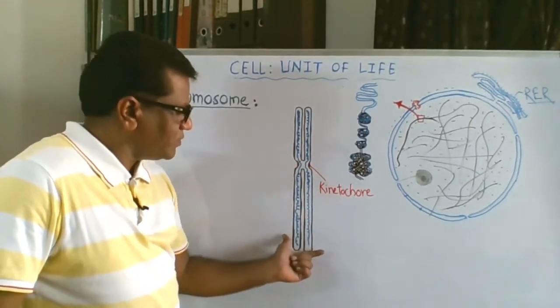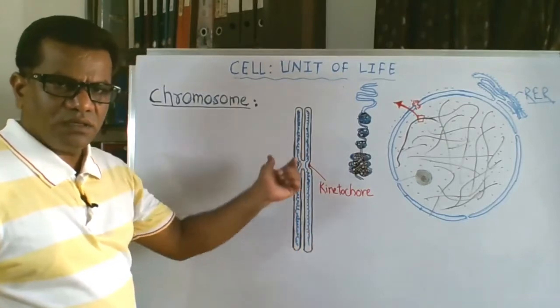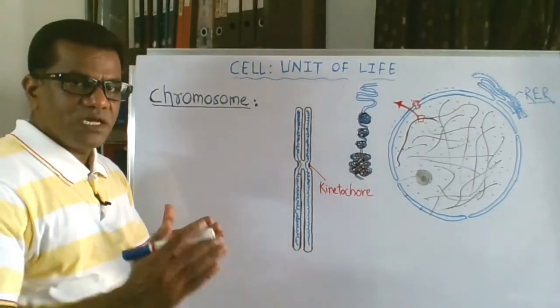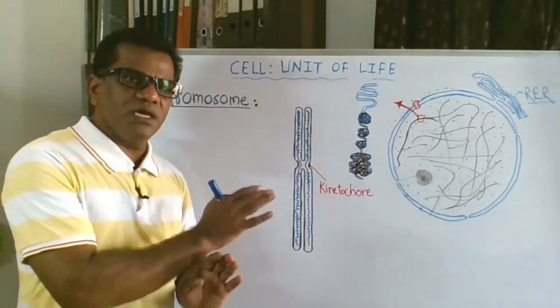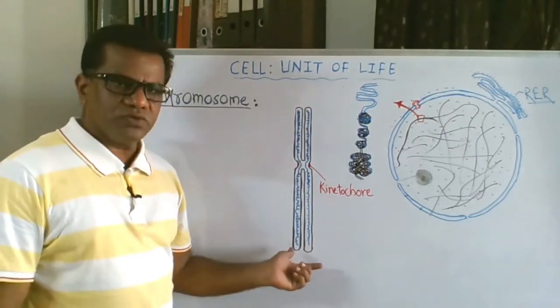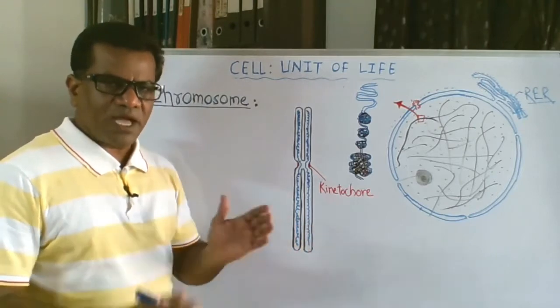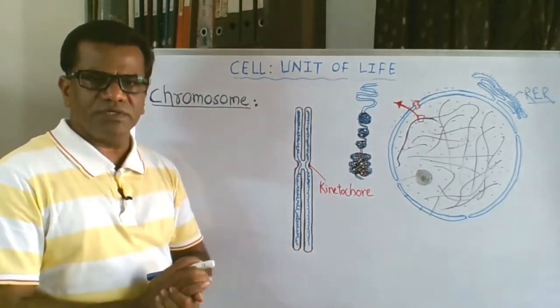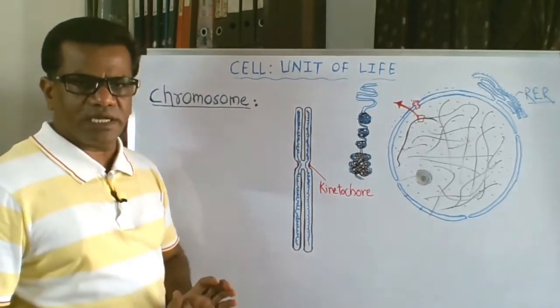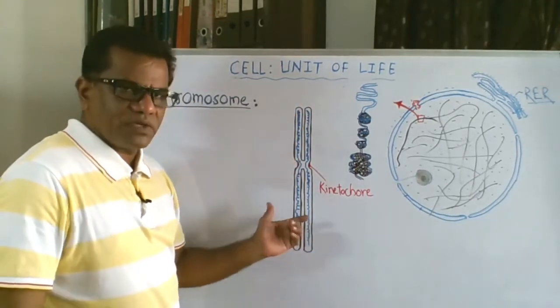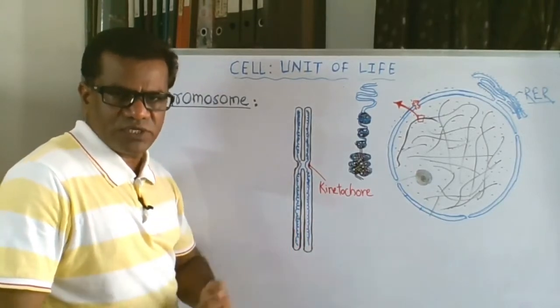So, always remember, the chromosome at the beginning of cell division is having 2 DNAs in this way, and the chromosome after cell division is again having a single DNA. Here the chromosome is having 2 DNA because it is ready for cell division now.